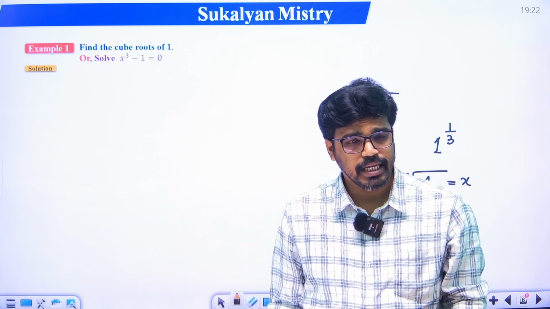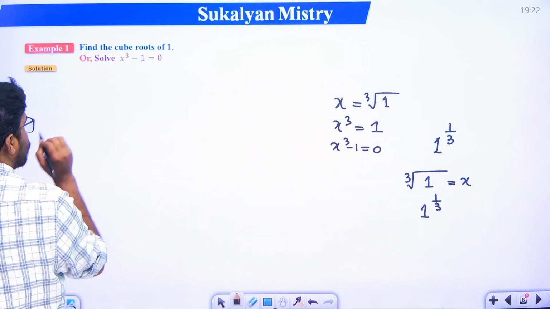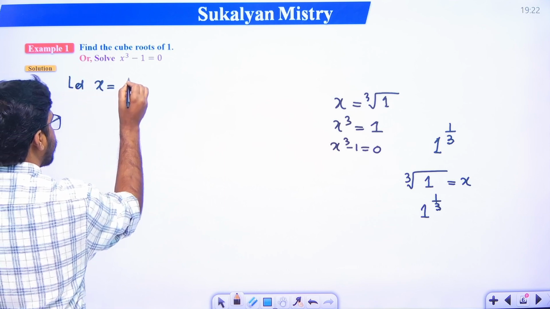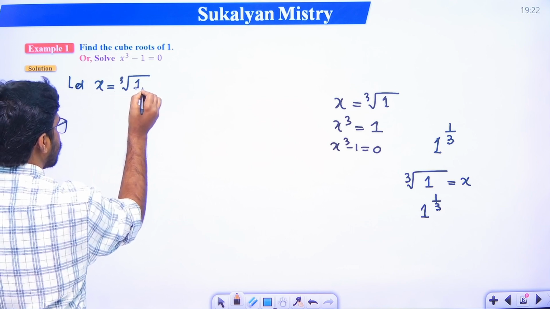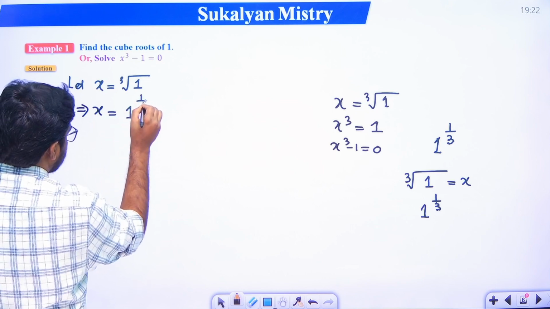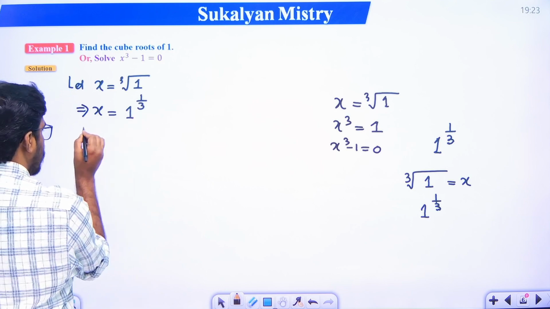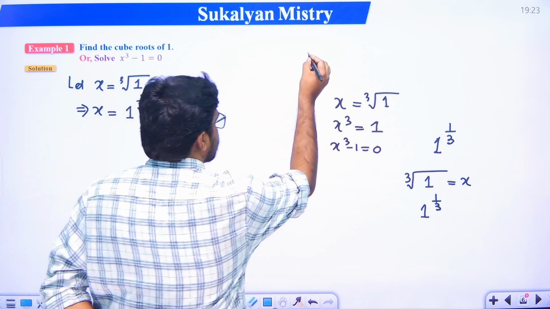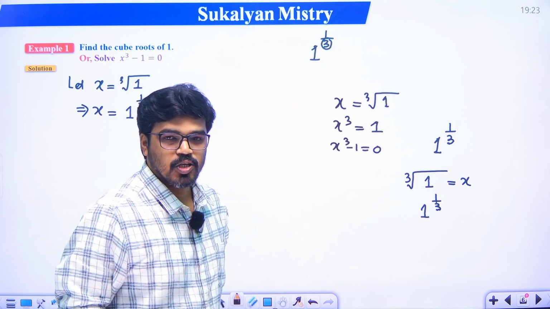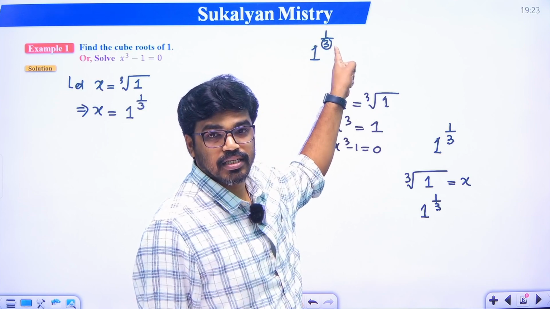So x is equal to 1 to the power 1 by 3. This is a fraction, so we get 3 values.